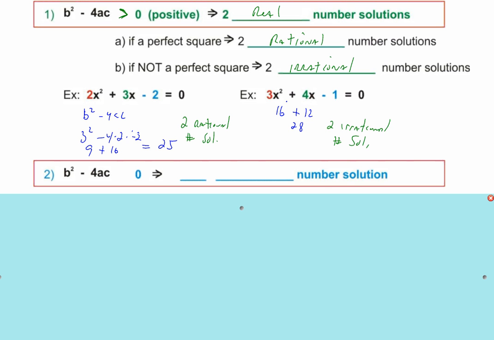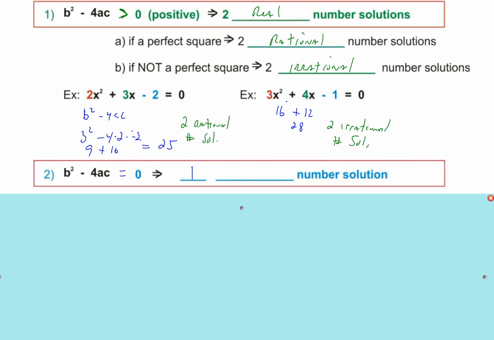The second scenario. What if the discriminant equals 0? The first situation was the radicand was greater than 0. Second scenario, what if the radicand equals 0? Well, technically you get two solutions, but they're both what? The same number.